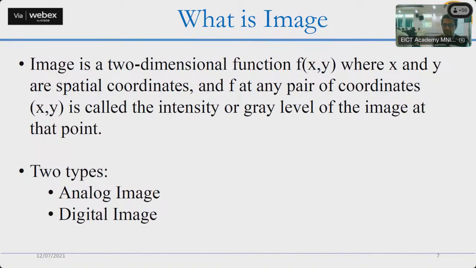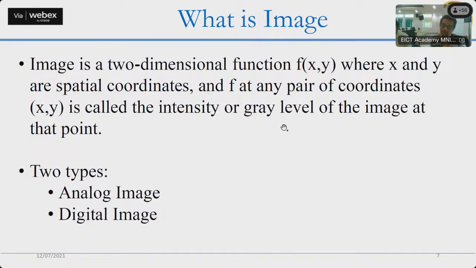This information is not actually required for processing by a machine. Why? Even though we can do it, we want to make things simple and quicker. That's why we are dealing with the gray level. This gray level is very important. Gray level is basically the different shades between black and white.